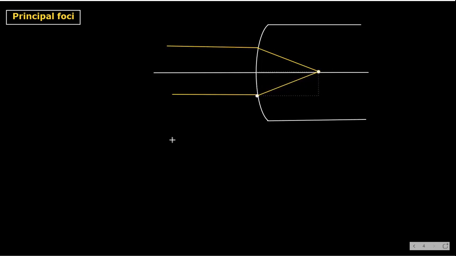Okay, and this point is called focus. I am denoting it with F2. Don't forget to draw these rays.